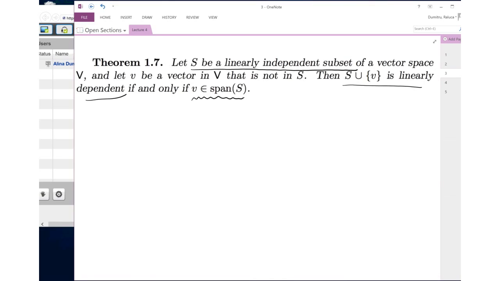And it's an if and only if kind of thing. So for an independent set to remain independent, I better add something that is not in the span of the original. Pretty much this.